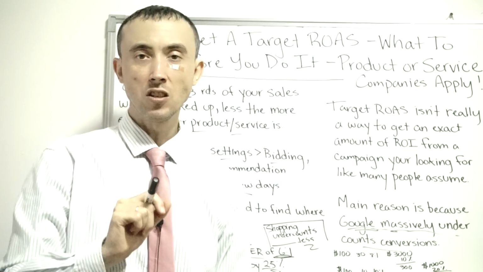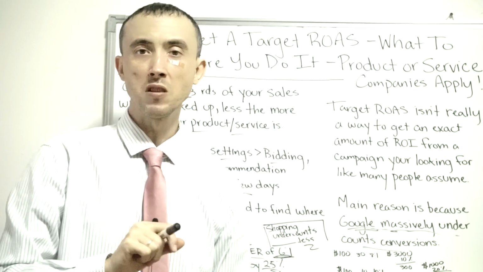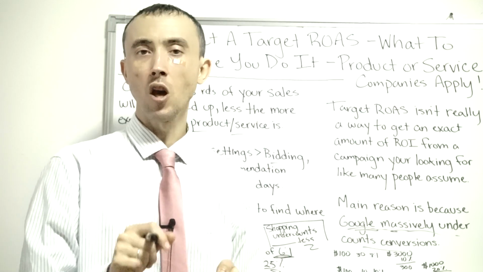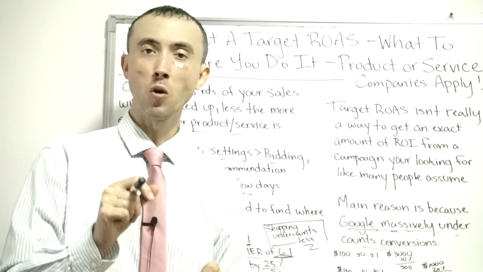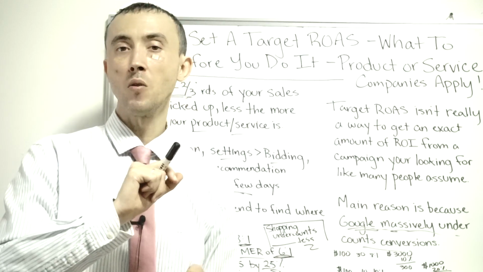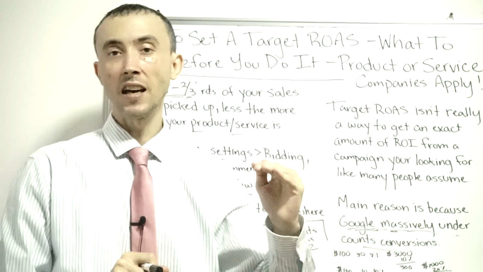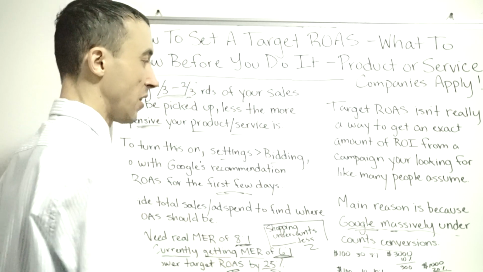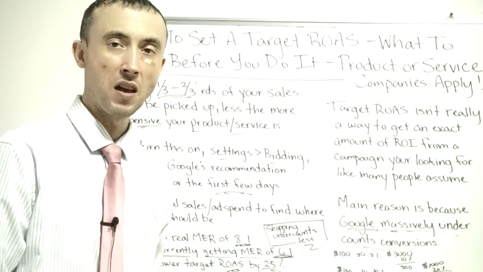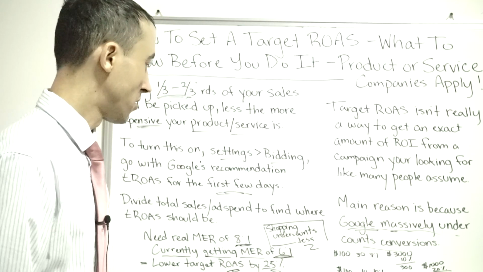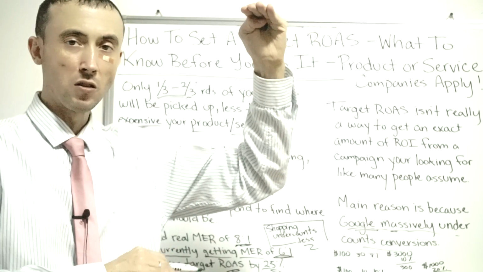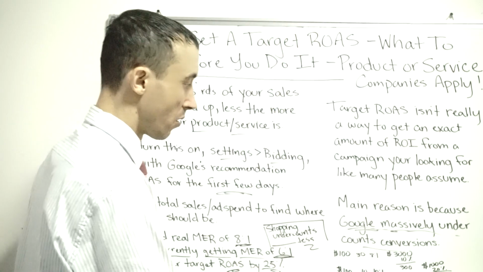And in that situation, you're going to have to just run some scenarios to see if lowering the target ROAS so you start getting more clicks is going to make you more money than where you have a higher ROI but a lot fewer clicks. So to give you a quick example of this, what you could do if you found out you had a 10-to-1 return on your ad spend, 10-to-1 MER ratio, total sales at your company divided by ad spend on Google Ads as a whole, right?